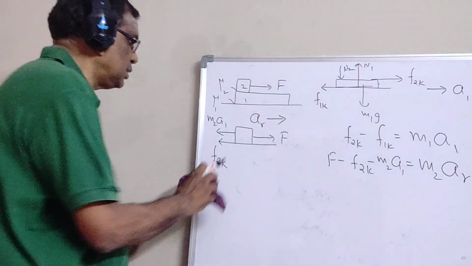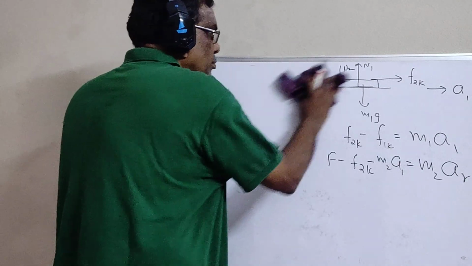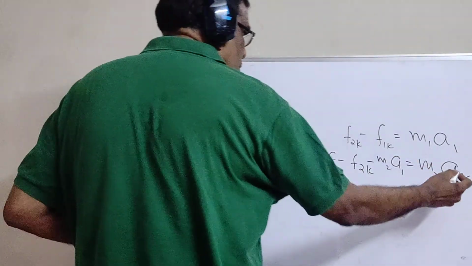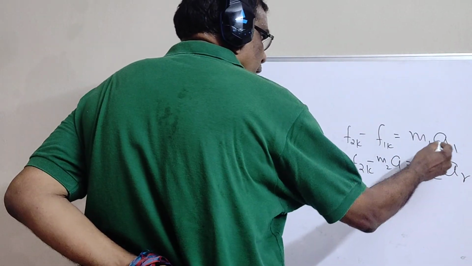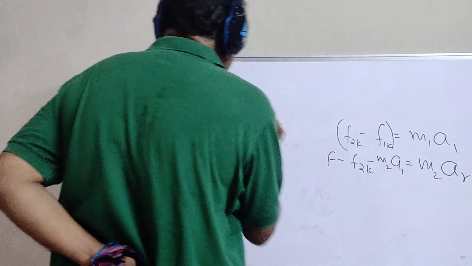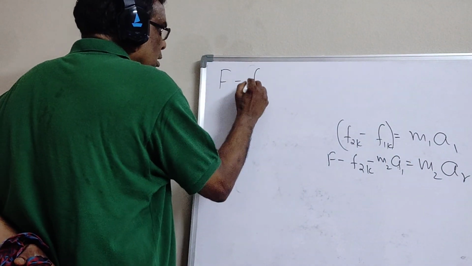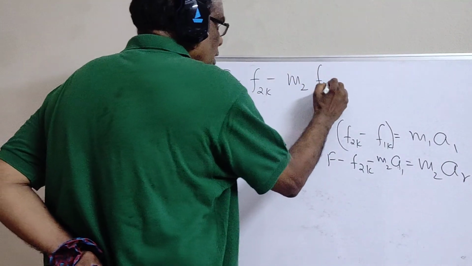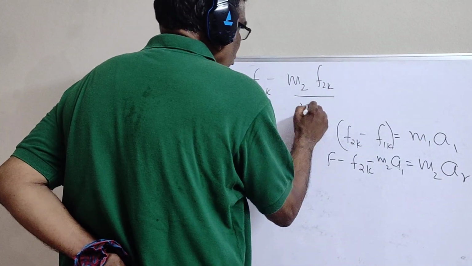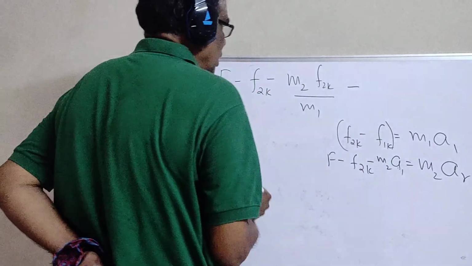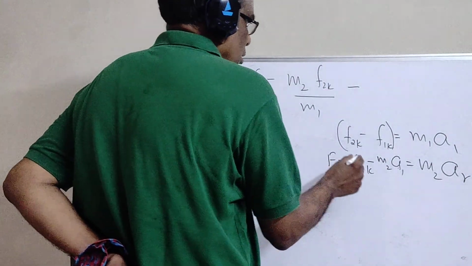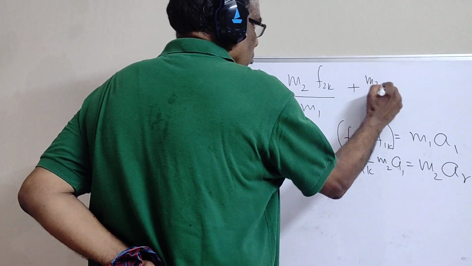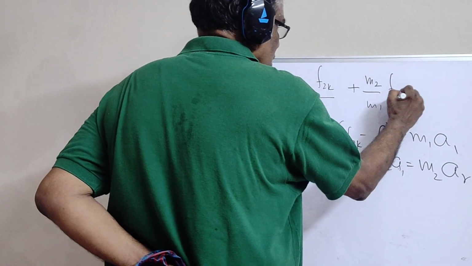First establish these relations. Now let us solve for AR first. So, how do I do that? A1, I will replace here: F minus F2k minus M2 by M1 times (F2k minus F1k).